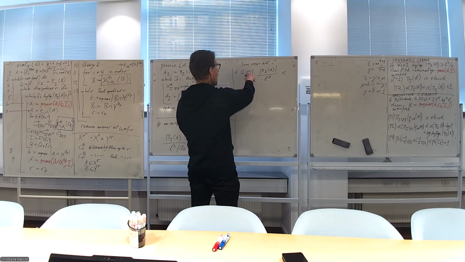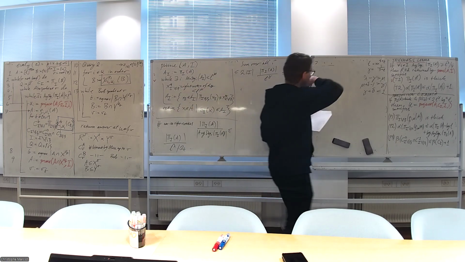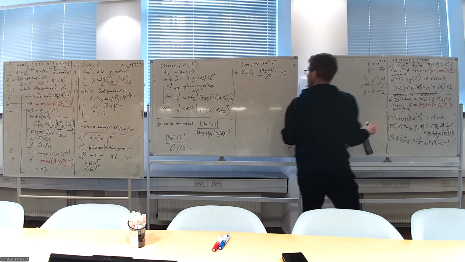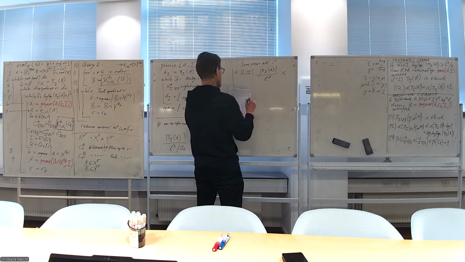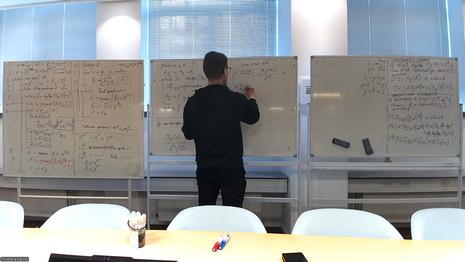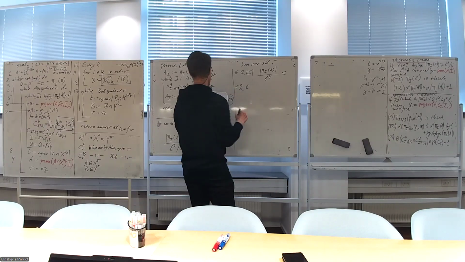I is at most M, which is L to the gamma. So I guess at most 2 times L to the... what is happening now?